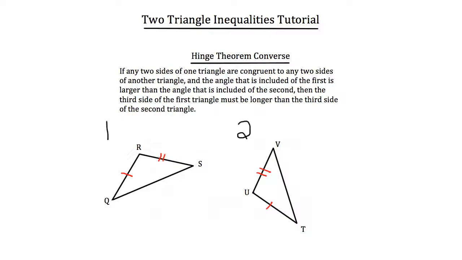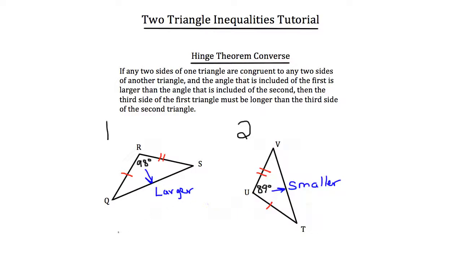So if I told you that angle R was 98 degrees and angle U was 89 degrees, you could look at that statement and say, okay, angle R is greater than angle U, so the side directly across from that is going to be larger than the side directly opposite angle U of this triangle, which would be smaller.